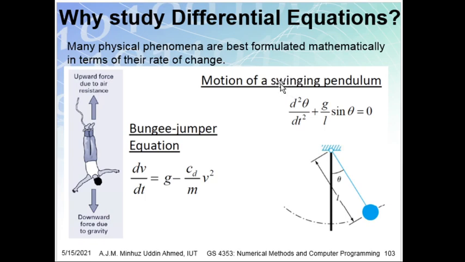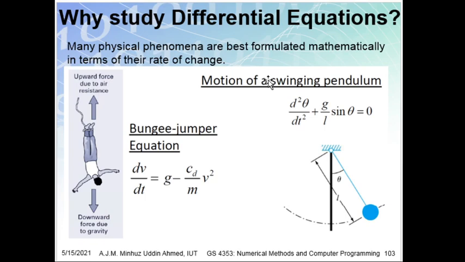The reason why we use differential equations is that in many cases the best way to express our physical phenomena is with a differential equation, or with the rate of change of the particular function we are dealing with.